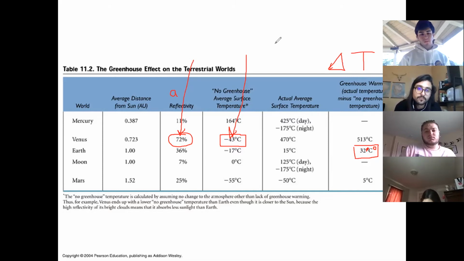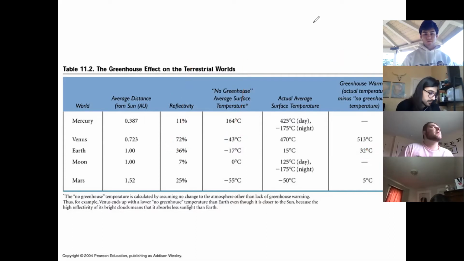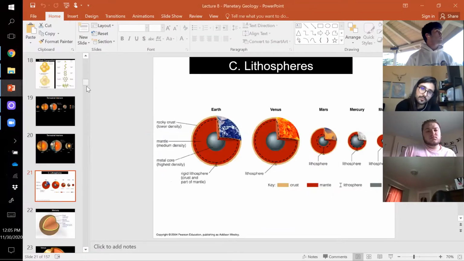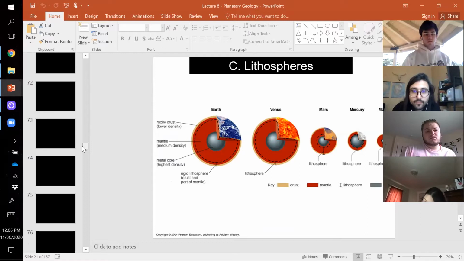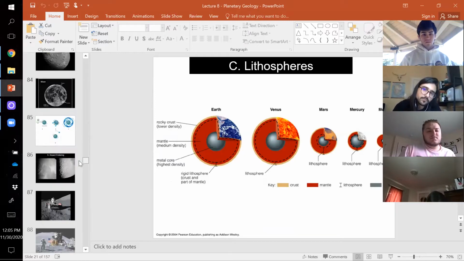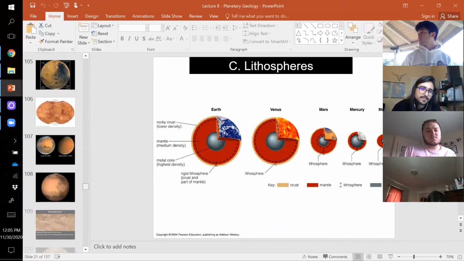Do you guys remember what color the surface of Venus is? Is it like yellow? That's the cloud tops. That's the 72%. What about the surface from those two pictures? Come on, let's go to our planet. Remember I showed you guys the pictures of Venus? Didn't I do that? What did the surface of Venus look like?